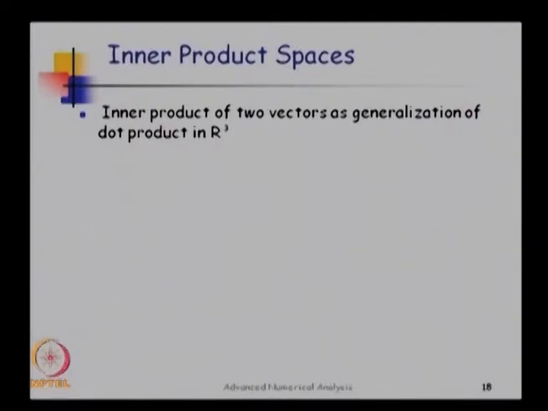We use dot product to define the angle between 2 vectors in 3 dimensions, and when we move on to more general spaces, sets of functions, sets of polynomials, we need something like dot product, which is going to be this inner product in these spaces. So we are going to look at a variety of inner product spaces. There are different ways of defining inner product, not only one way. In 3-dimensional space you only know one way of defining an inner product, but there are other ways, and we will look at those different methods of defining inner products.